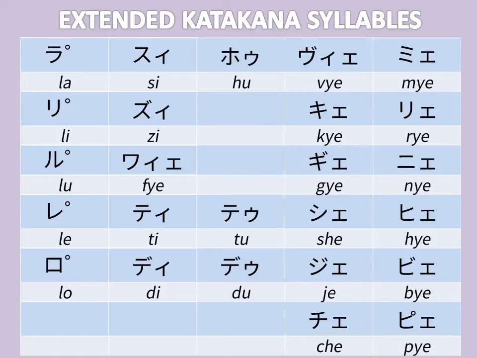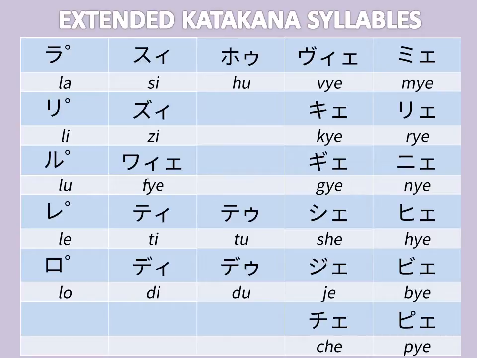So u with a dakuten and a small e and small a, converting it to vye. Then we have in the same column ki with a small a, converting it to kye. Then gi with small a, converting it to gye.